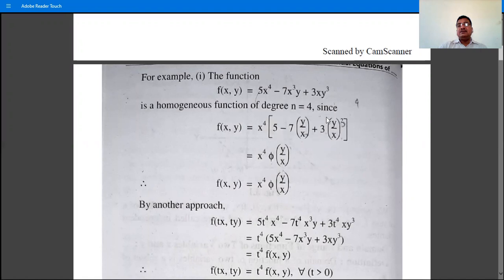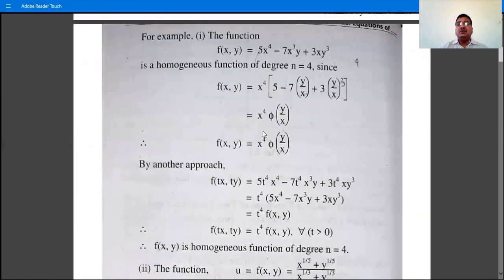This bracket is a function of y/x, denoted phi(y/x), because there are three terms and each term is a power of y/x: this is (y/x)^0, this is (y/x)^1, and this is (y/x)^3. So this function is expressed in the form x^4 phi(y/x), and therefore f(x,y) is a homogeneous function of degree 4.